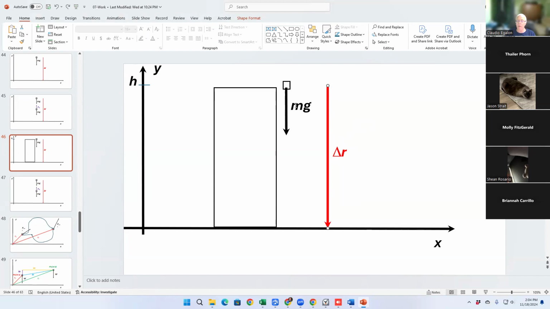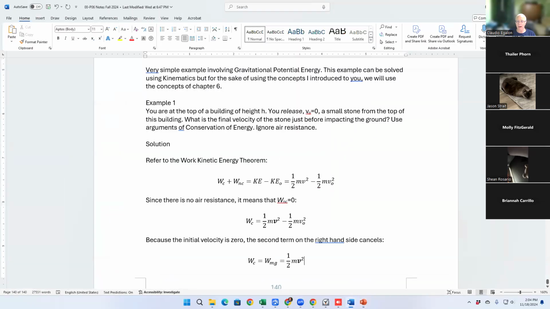So the work done by the weight is going to be a positive work. mg delta y or mgh. Okay? Make sense?